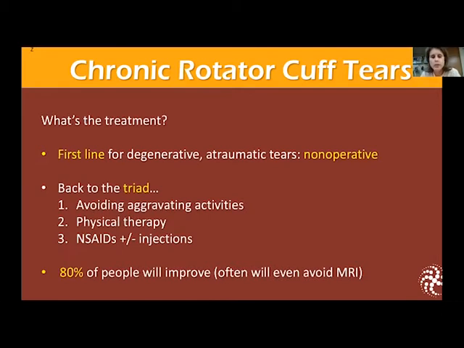And I think a lot of you are thinking, well, you just said that a lot of them are going to get bigger and a lot of them will become symptomatic. And it's true. 50% of people, they will continue to get bigger, and it's possible that you will need to have surgery at some point. But if you come to me and you haven't had an injury, I'm not going to jump onto getting an MRI right away.